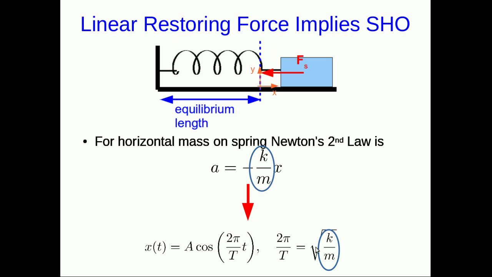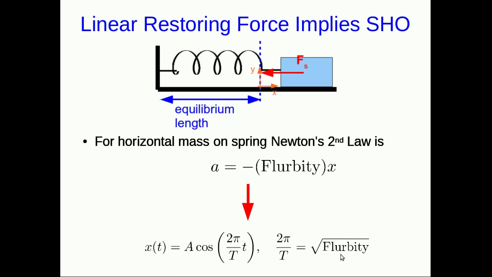Now, what that tells us is that if the acceleration is negative any constant times the position, any constant like flurbity, if a is negative flurbity times x, then we will again get a cosine, or any sinusoidal function, as our answer, and the 2 pi over T is going to be the square root of flurbity.